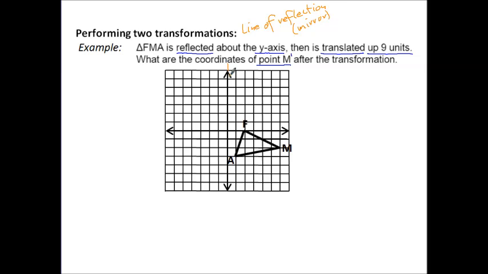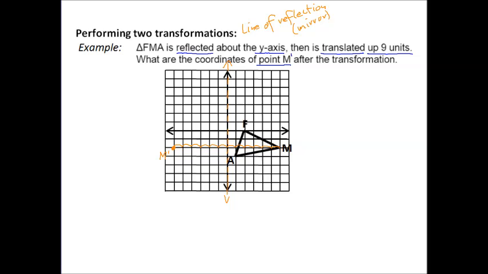This is our line of reflection. That means that our point M has to go the same distance to the other side of that line of reflection. So we are 6 steps away from the line of reflection. That means we have to also move 6 steps to the other side. And there is our M prime for now.